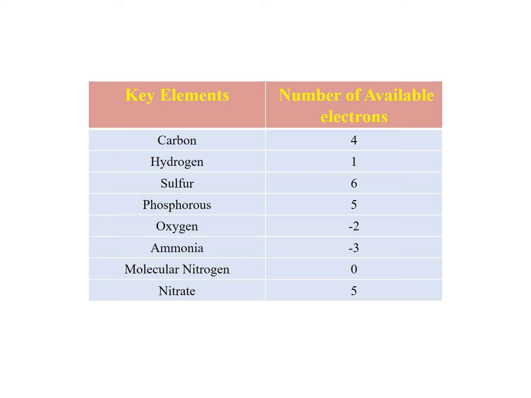The number of available electrons for nitrogen will vary, depending upon the reference state. For ammonia it will be -3, for molecular nitrogen it will be 0, and for nitrate it will be 5.